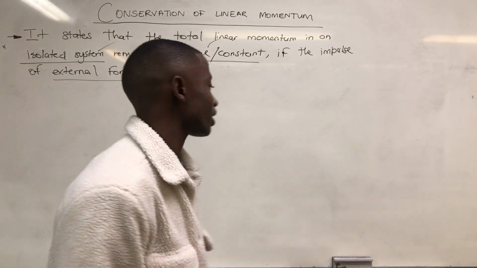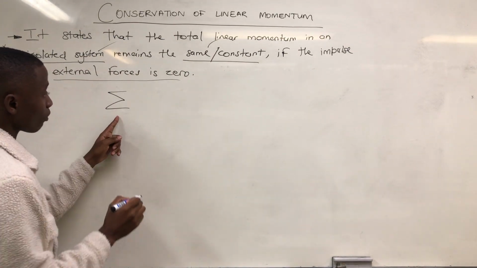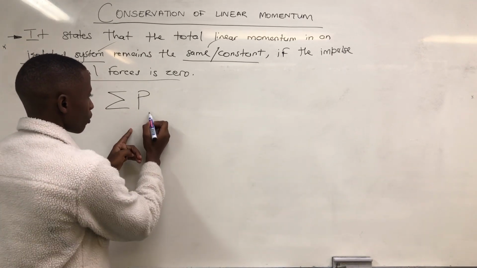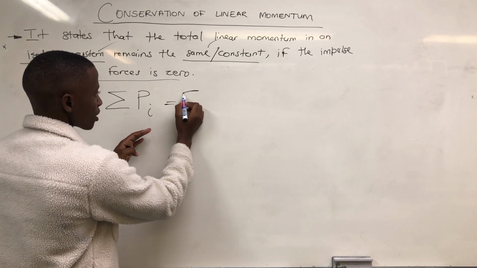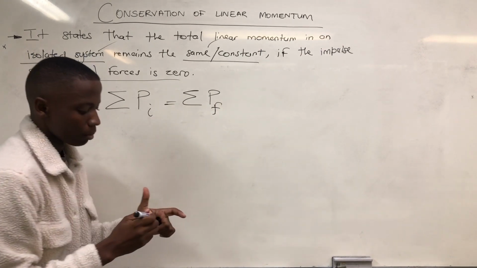It is expressed in this form: the sum of initial momentum, or the momentum before, is equal to the sum of the momentum after, or the final momentum.